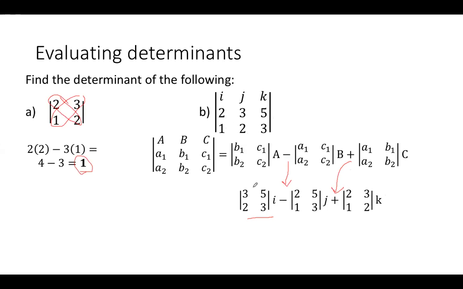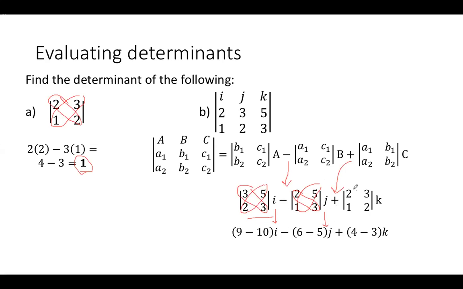Then I do the determinant of each. So 3 times 3 minus 5 times 2. 3 times 3 is 9, minus 5 times 2 is 10, times i on the outside. Then minus in between, 2 times 3, which is 6, minus 5 times 1, which is 5, j on the outside.